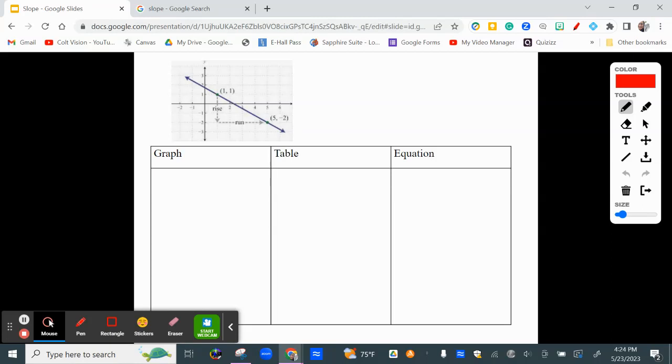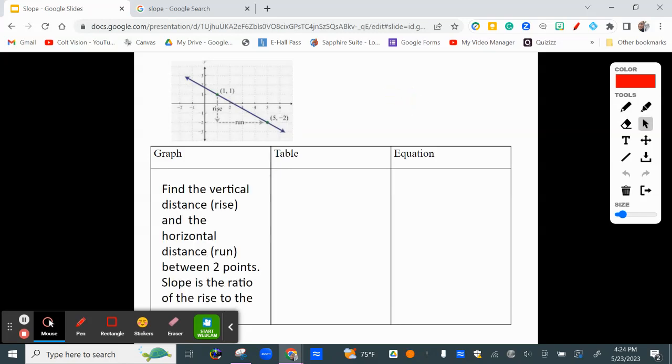You already learned how to find slope in a graph, and I have a graph here. To find slope in a graph, you find the vertical change, or the rise, and the run, and you make that a ratio. This one is not rising at all; it's decreasing. So you're going down 1, 2, 3, so down 3, and over 1, 2, 3, 4, over 4.